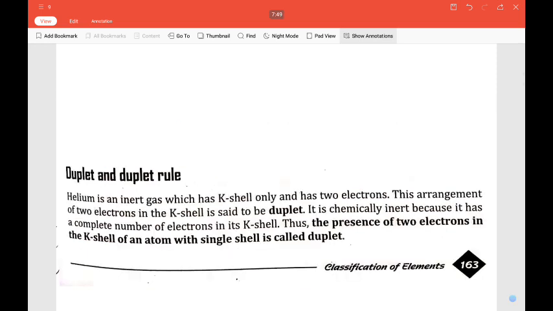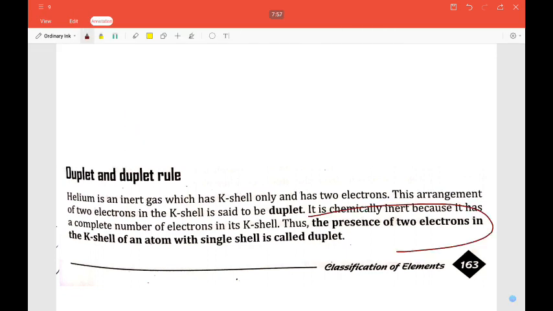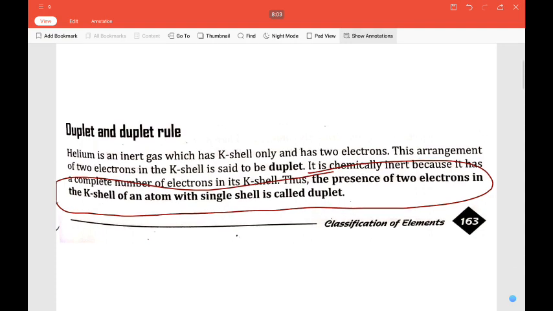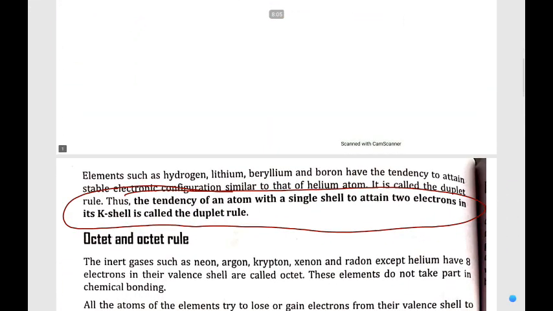Presence of 2 electrons in the K cell of an atom with a single cell is duplet, and the tendency of an atom with a single cell to attain 2 electrons in its K cell is called the duplet rule.